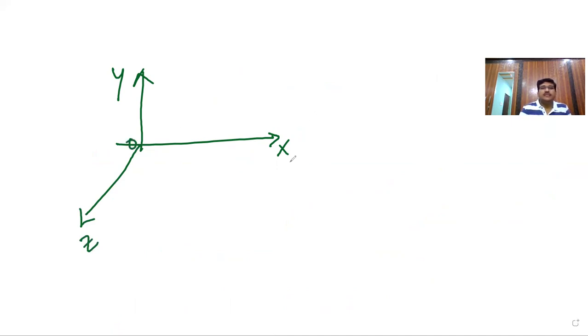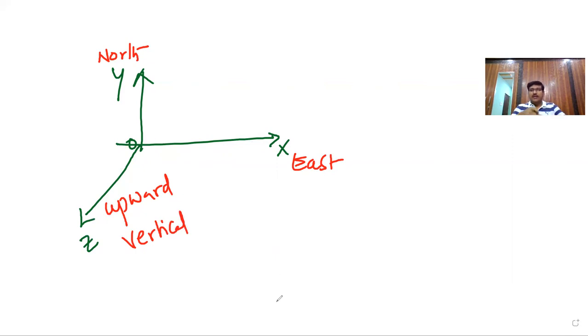I represent this as the east direction, this as the north direction, and this as vertical upward, the z-axis. That means this is x, this is y, and up is z. Imagine this is on the ground. X is along this, y is along this, and z is vertical up. Clear?